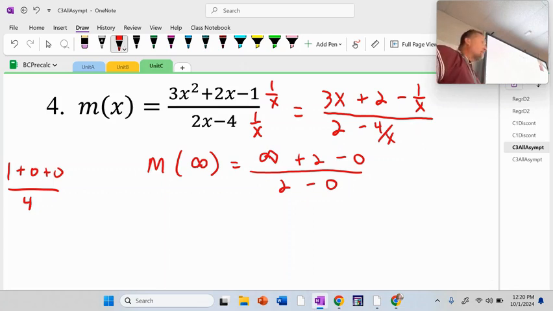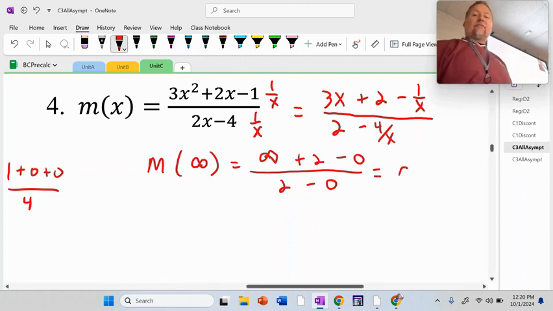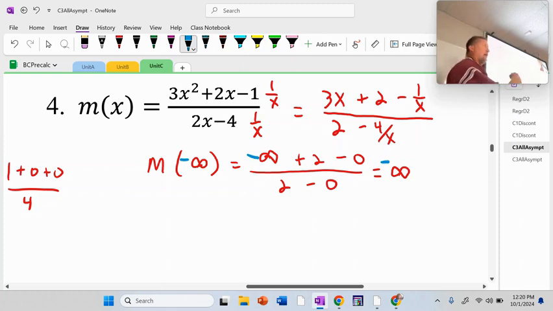Still conceptually, infinity. This actually ends up equaling infinity. If I plugged in a negative, the only thing that changes is this would be a negative infinity. That tells you what happens on the ends on this one.